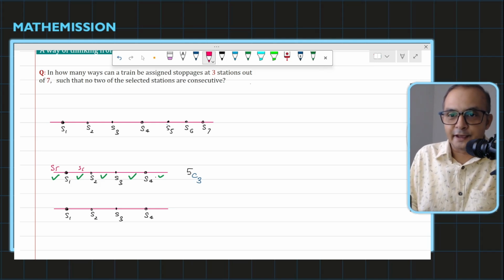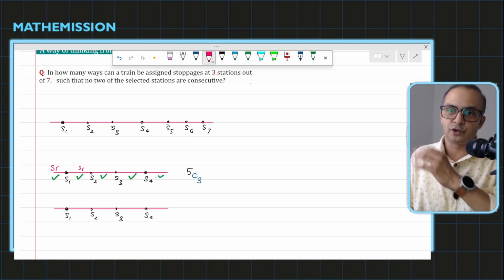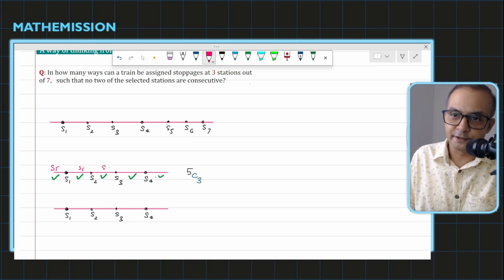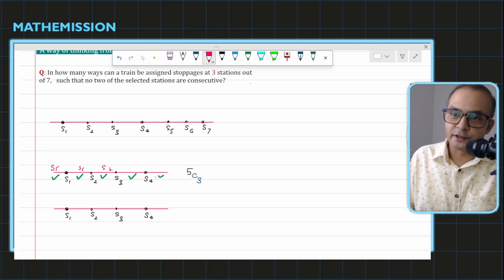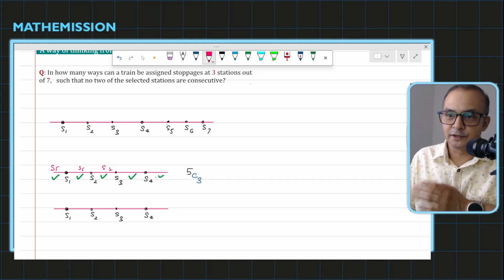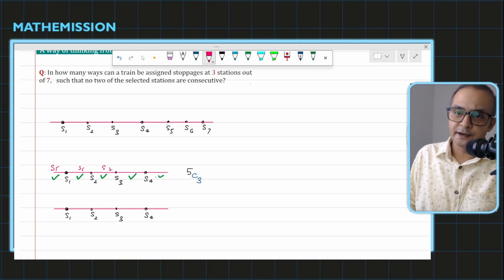You can see that S5 is our choice of a stoppage and S6 also, and S7. So S5, S1, S6, S2, S7 are non-consecutive because between these consecutive ones I already have S1 and S2 respectively. In this way, this method or technique will work in the linear situation.